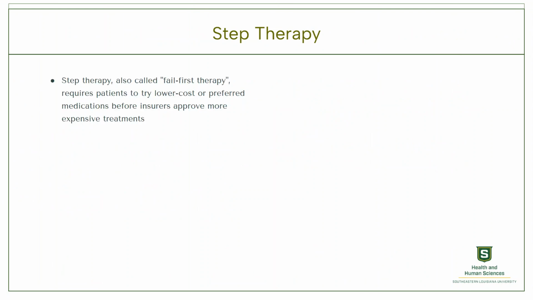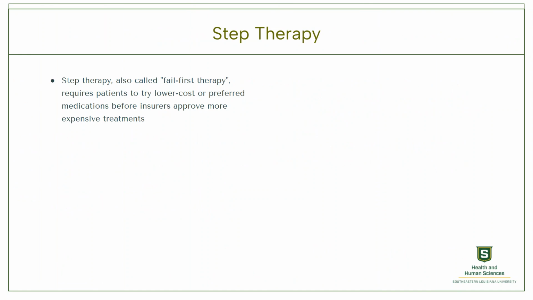Then step therapy is also called fail fast therapy. What it requires is that patients first show that the lower cost treatment or lower cost medication covered by the insurance did not work.